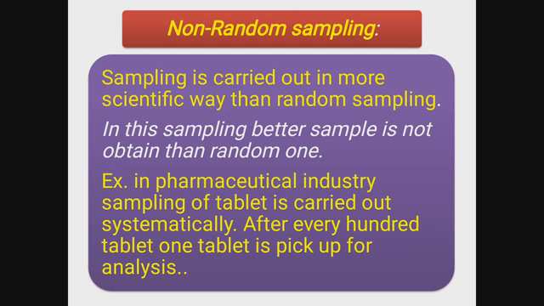In 100 tablets we are selecting 10 tablets at each interval. So we will get the systematic sample. Another example is given. If there is a soft drink or cold drink bottle, every 20th bottle is selected as a sample. So this is the example of systematic sampling.